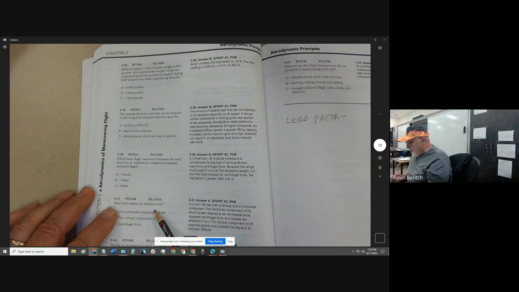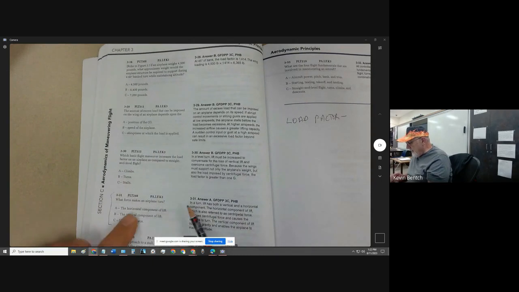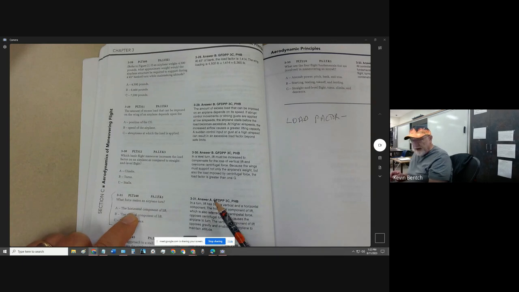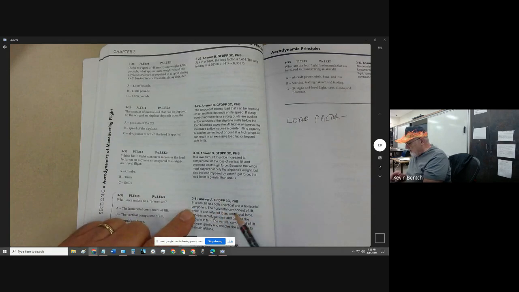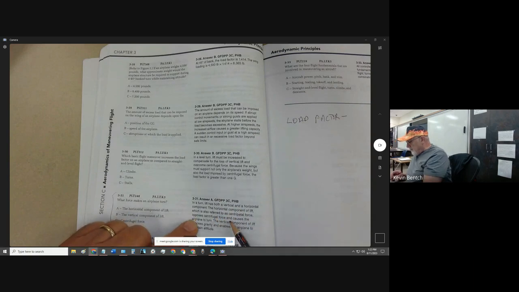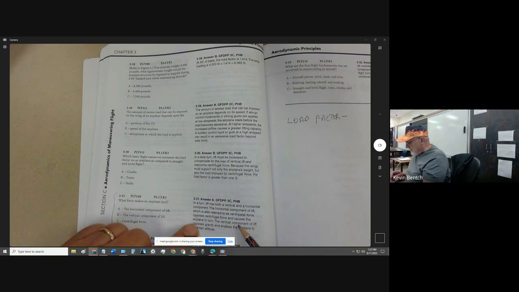3-31, what force makes an airplane turn? A, the horizontal component of lift. So if you're calculating the vectors of an airplane, the horizontal vector is what makes the airplane turn. That's not intuitive. In a turn, lift has both a vertical and a horizontal component. The horizontal component of lift, which is also referred to as centripetal force, opposes centrifugal force and causes the airplane to turn.